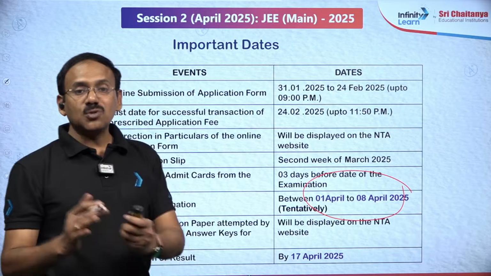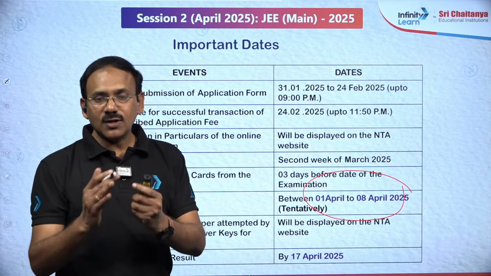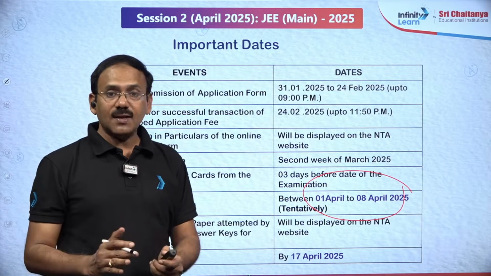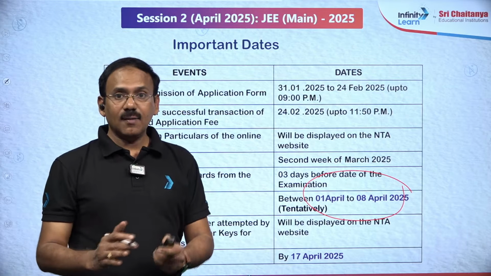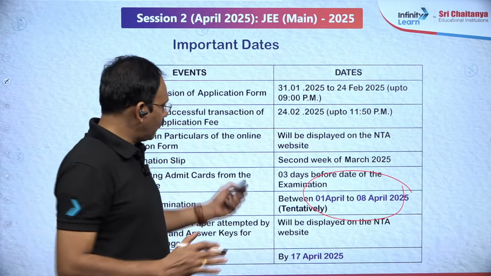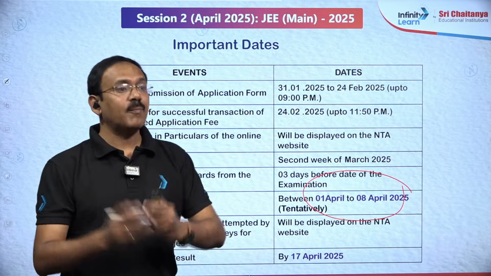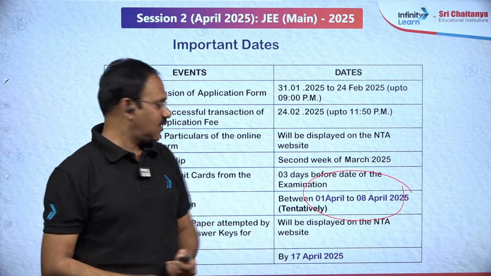So sometimes for the 12th class students preparing for boards, if they complete their board exam by March 15th, they will have only a 15 days gap between boards and the session 2 exam. This is one important point that you need to note, dear friends.